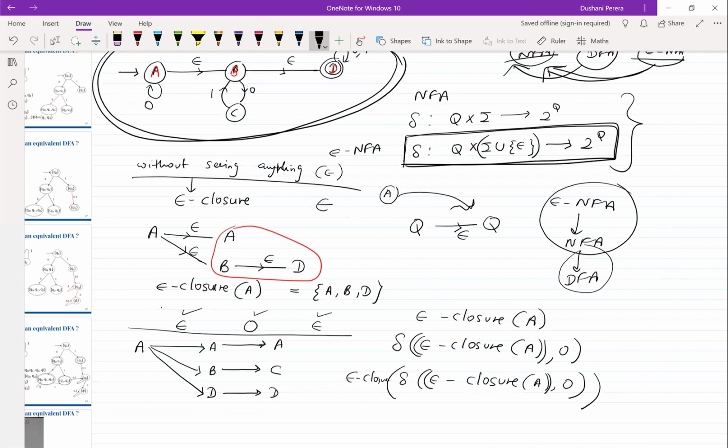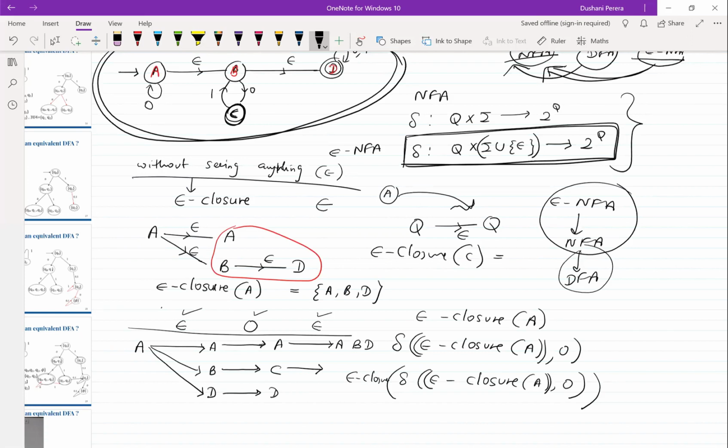Then what do I do? I get the E closure of this resulting set. What is the E closure of A? A, B, D. What is the E closure of C? When I take C, what is the null closure of C? Where can C go upon seeing nothing?